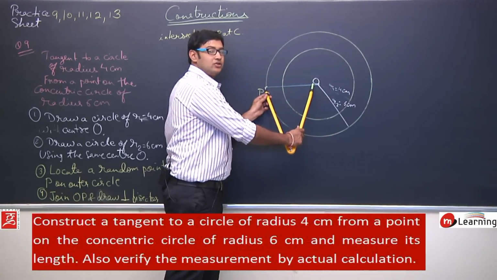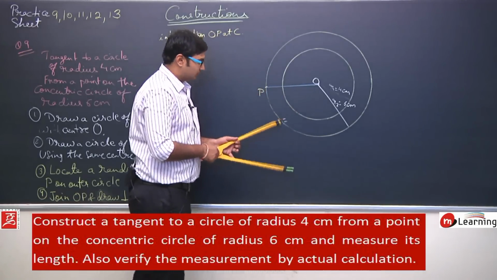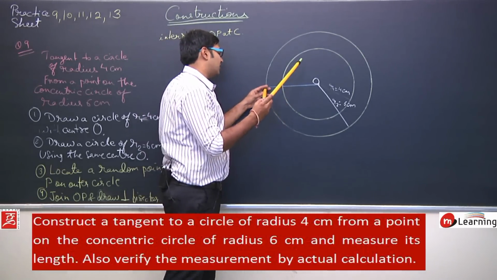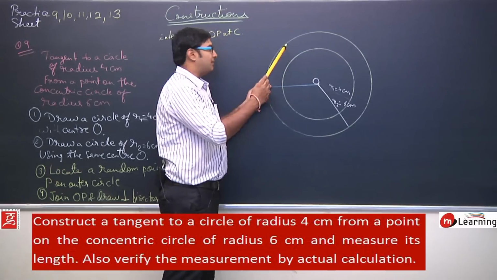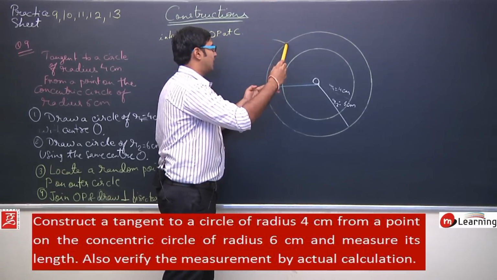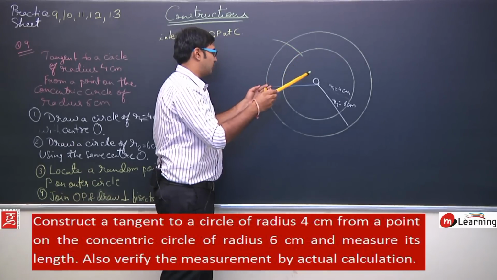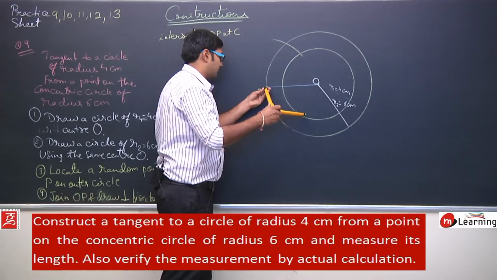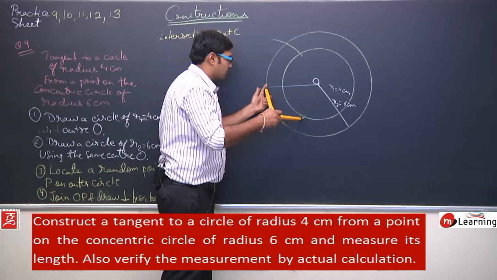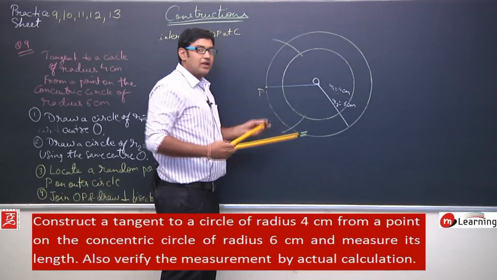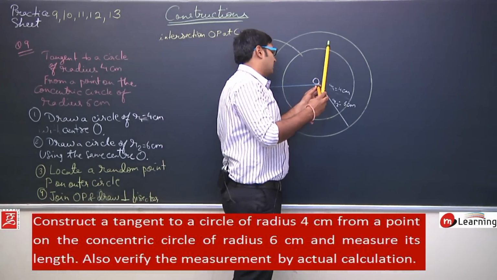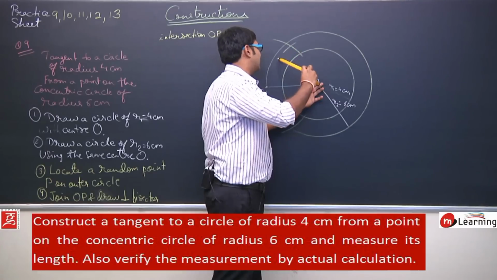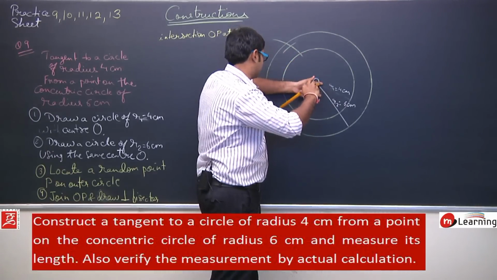Using this radius, first I will put the needle of the compass at point P and draw two arcs like this, and then I will put the compass with the same radius at point O and draw two arcs which intersect the two previous arcs.